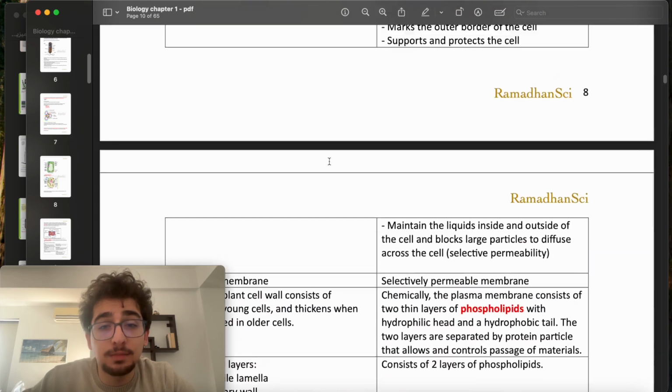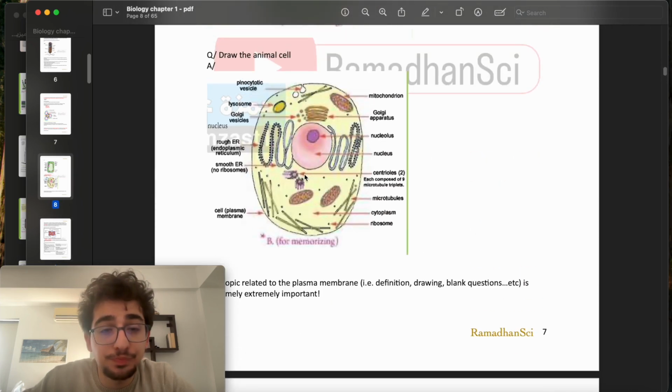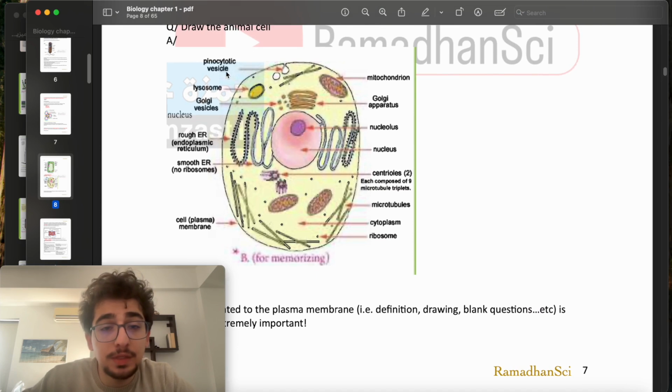Now the cytoplasm, let's go back to the picture. As you can see, this is the cell structure here. The outer border is the cell membrane that we discussed. And this is clearly the nucleus and the nucleolus inside of it. Everything here you see in yellow, or whatever this color is, is the cytoplasm.